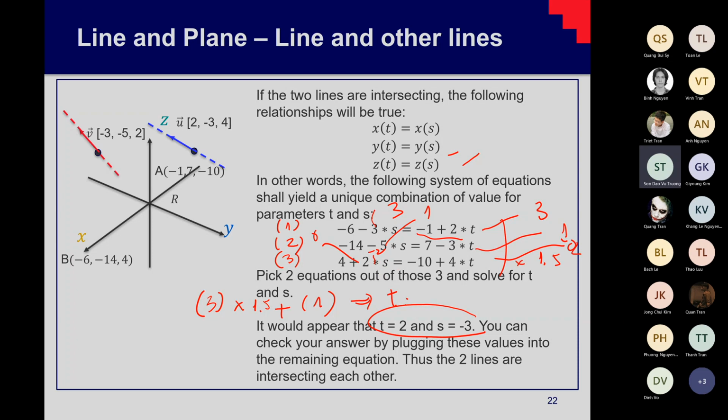The same result. So both L1 and L2 pass through this point, (3, 1, -2). If we solve the equations and can't find any value of t and s, this means the two lines are skew.